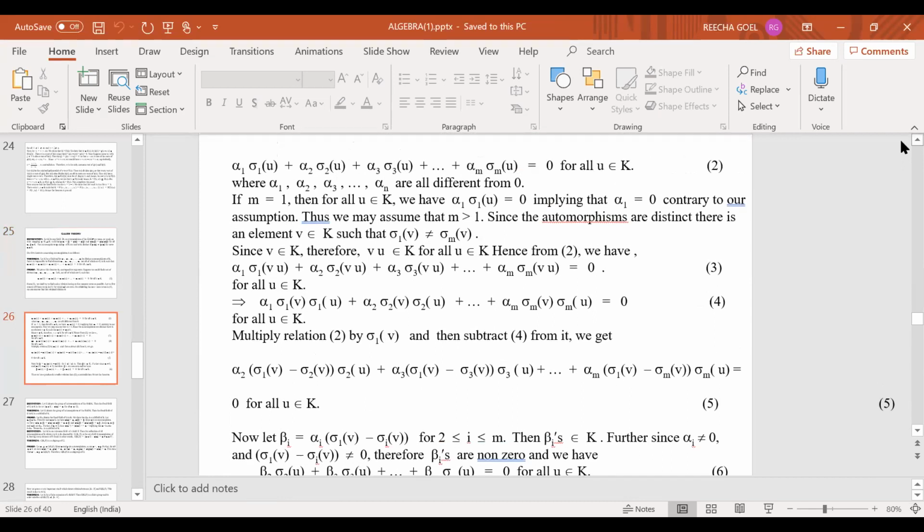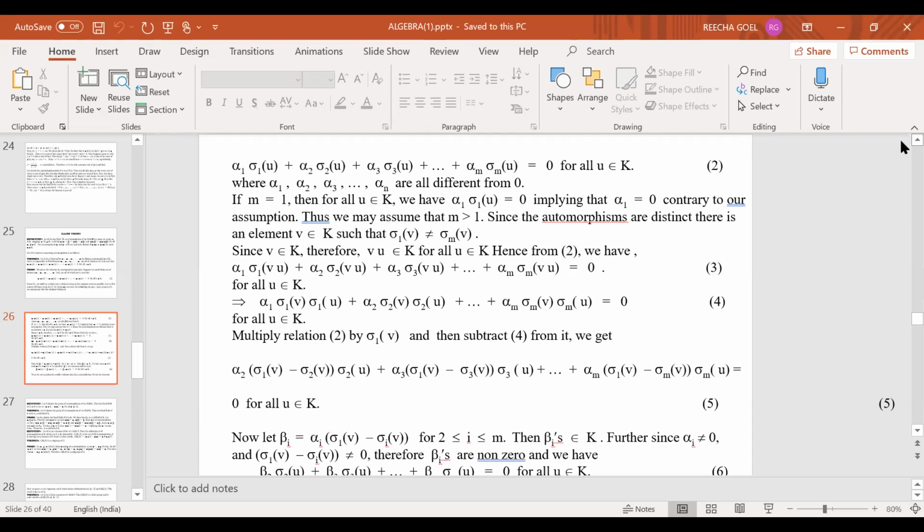Alpha 1, alpha 2, ..., alpha m, because the remaining ones have been eliminated since they were 0. So suppose this is the minimal expression: alpha 1 sigma 1 u plus alpha 2 sigma 2 u plus ... plus alpha m sigma m u equals 0. Now all terms in this expression are non-zero, remember.